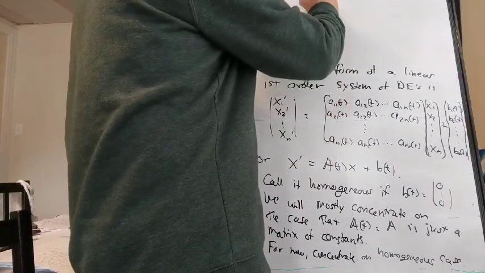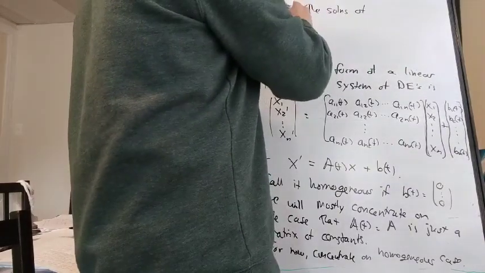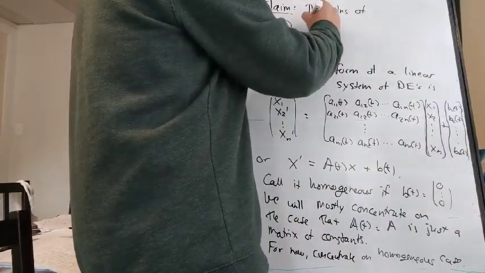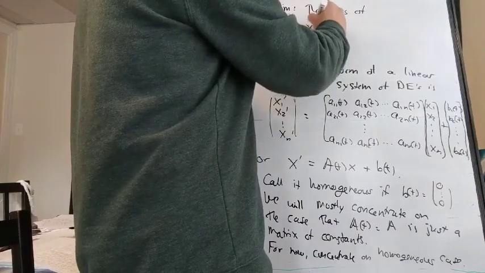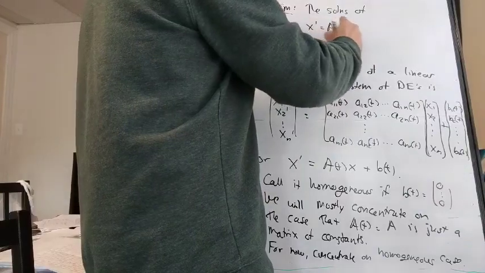I claim that the solutions of this homogeneous system of differential equations, x prime equals Ax, form a vector space.